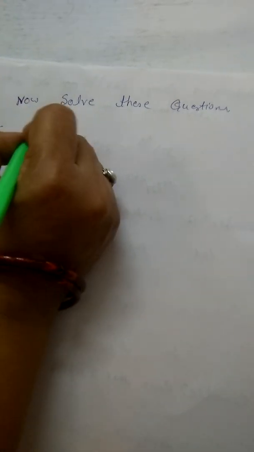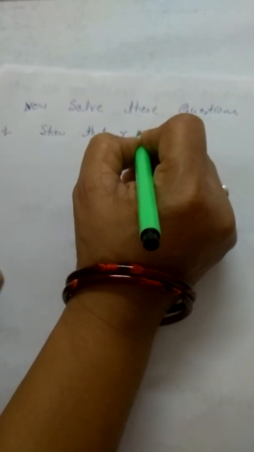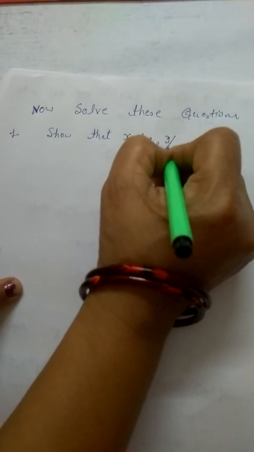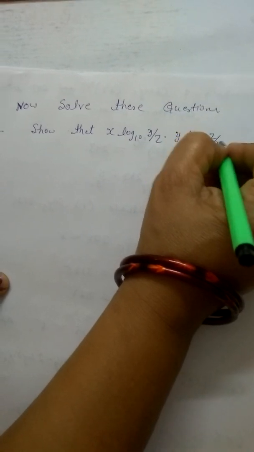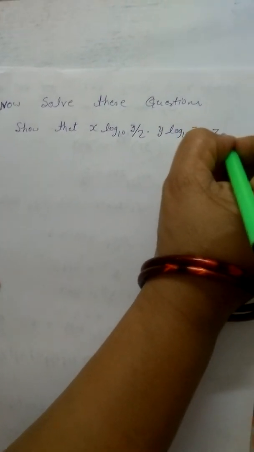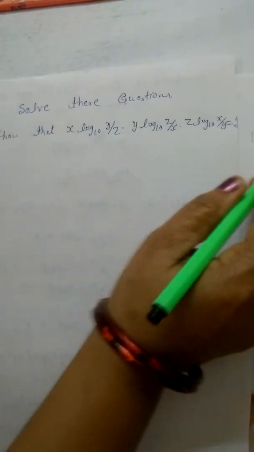Number 1. Show that x^(log(y/z)) times y^(log(z/x)) times z^(log(x/y)) equals 1. Number 2.